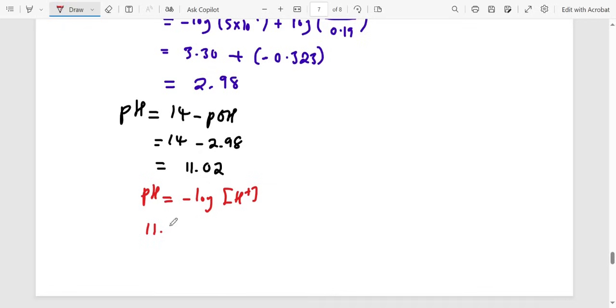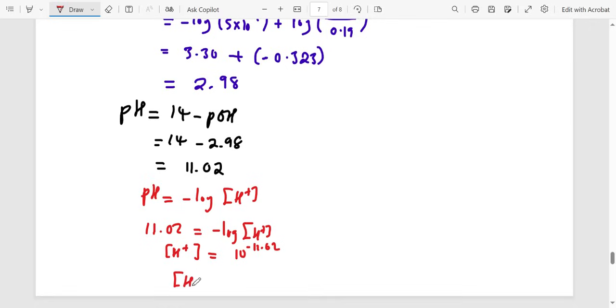So 11.02 is the negative log of H. For you to find the concentration of hydrogen, divide first through by a negative. The base here is base 10, so this will be raised to the power negative 11.02.